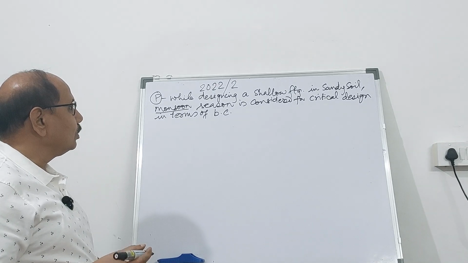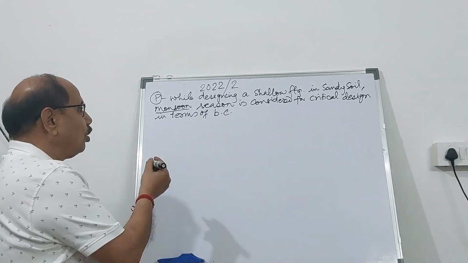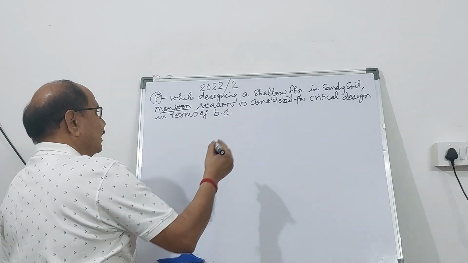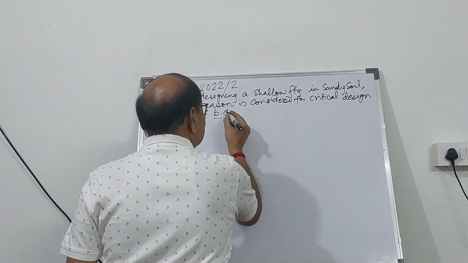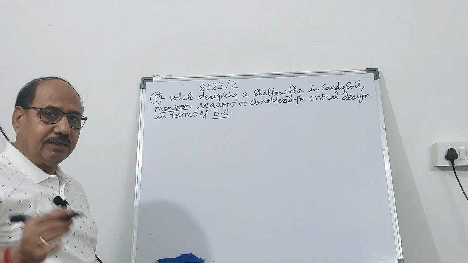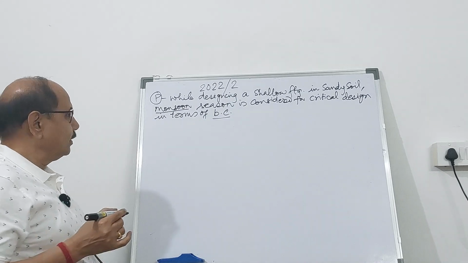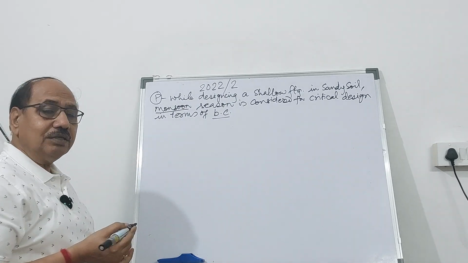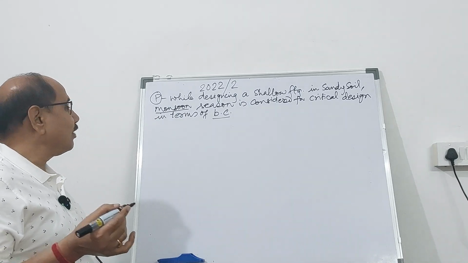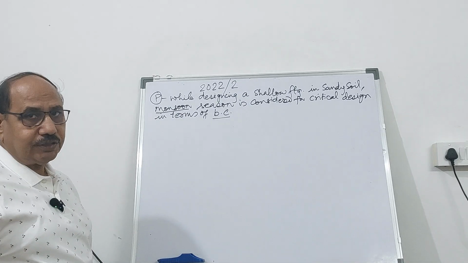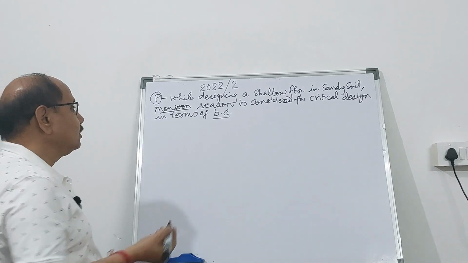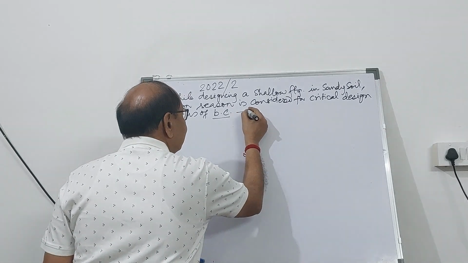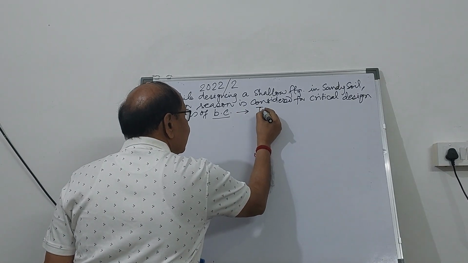So due to monsoon, the design of any footing, any foundation, is critical in terms of bearing capacity because the water table correction factor will come into picture. So this statement, whether it is true or false, we can say it is true.